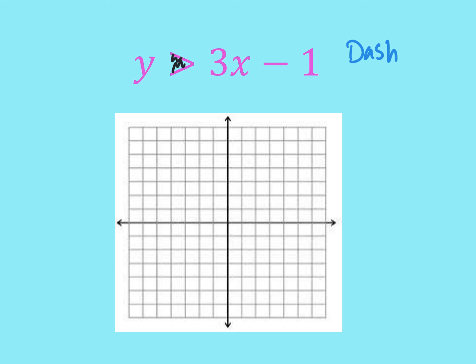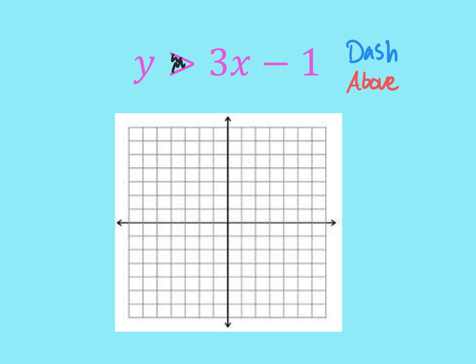The y. Whenever your inequality faces the y, you will always shade above. So just by looking at this, without doing any math, we know that it's going to be a dashed line and it's going to be shaded above.